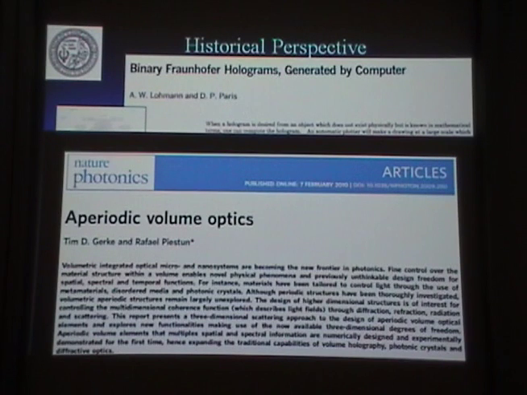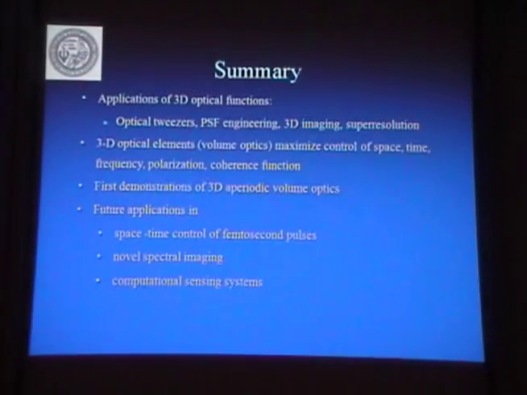And for example, you could try to control the coherence function in 3 dimensions, or shape pulses, as I said, or encode multiple point-spread functions in one single element, and so on. So there is a lot of work ahead in this area, but I hope it's going to be useful at some point.